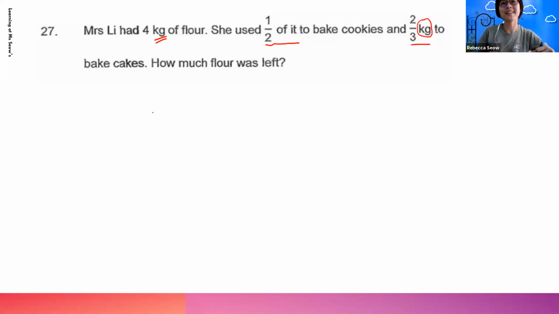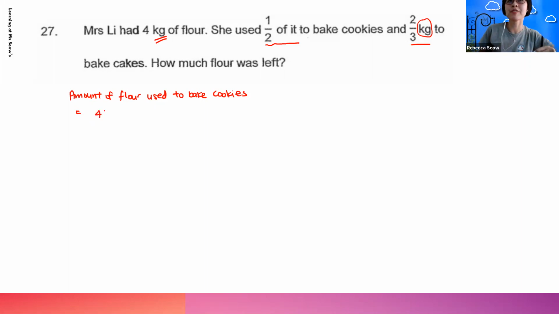So let's see how we're going to work this out. She used half of it to bake cookies. Now let's see the amount of flour used to bake cookies. If it is half of it, that means you have to half the 4 kg.